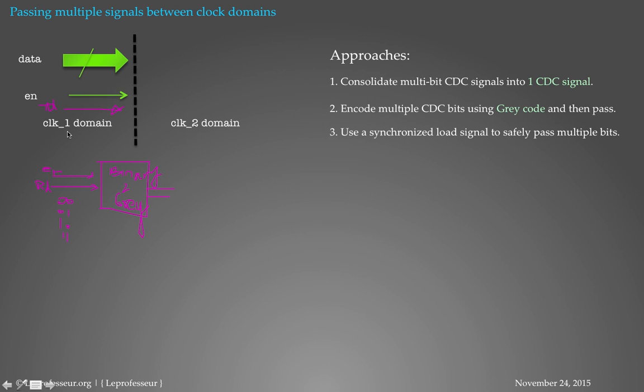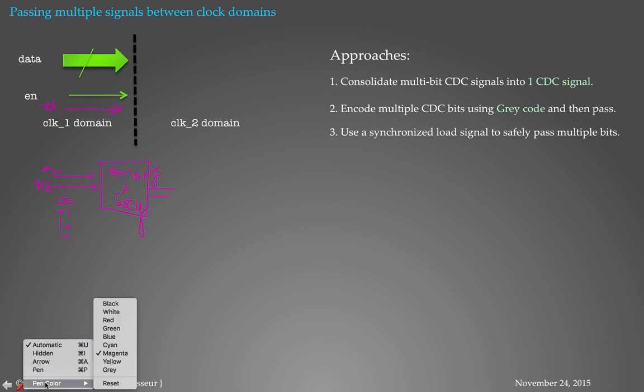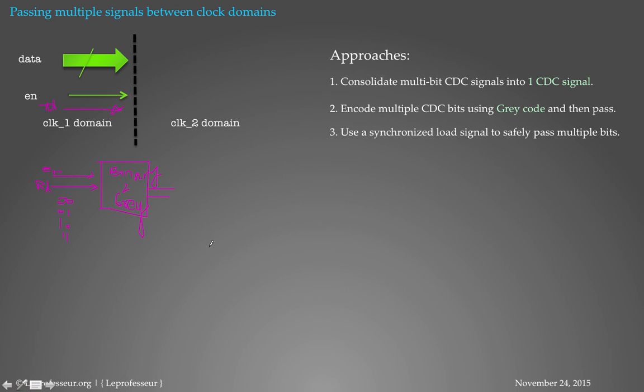Within the sending clock domain, you write some logic so that you receive these data bits in the receiving clock domain when you have some sort of enable signal or load signal.